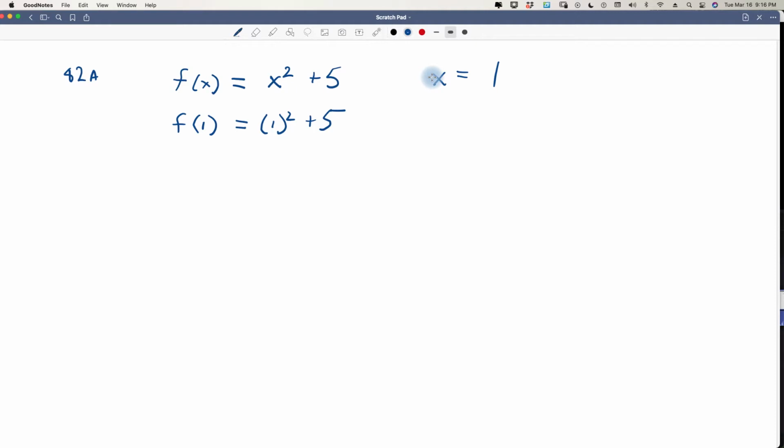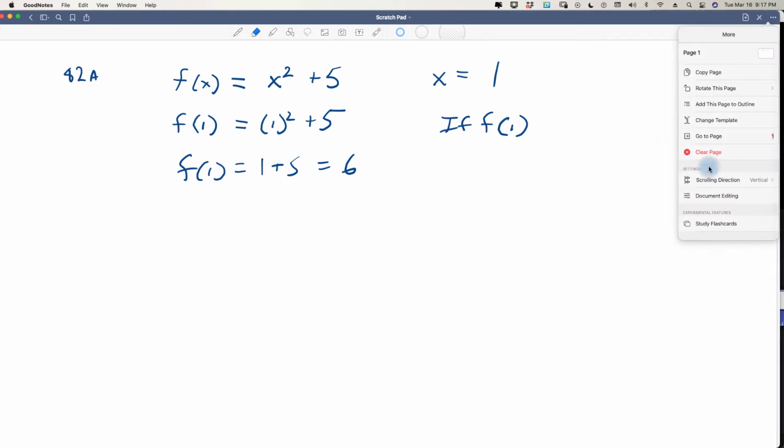So easy, easy, easy. You just sub it in, and we know that f of 1 is going to be 1 times 1 is 1, plus 5, that's going to equal 6. Done, right? So let's clear this page and move on to an actual example problem.